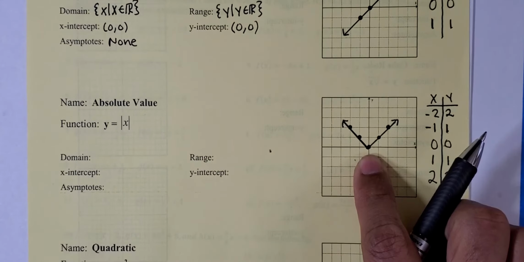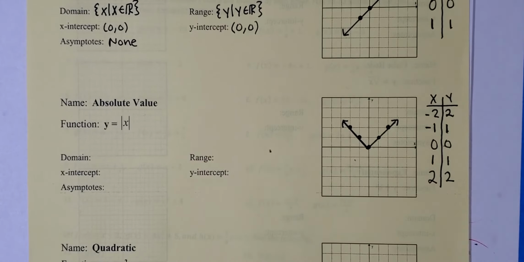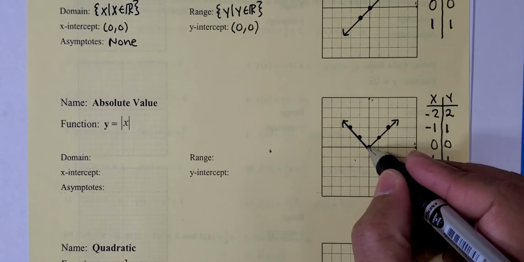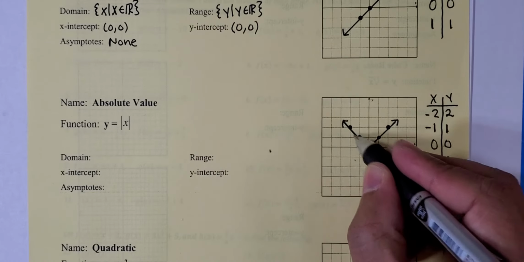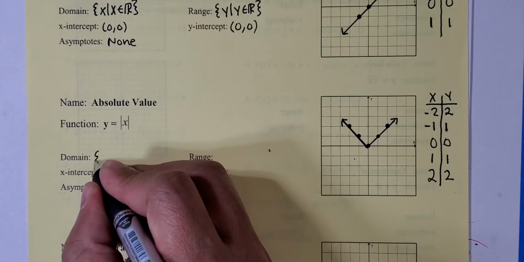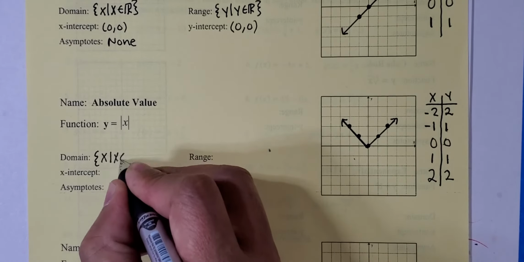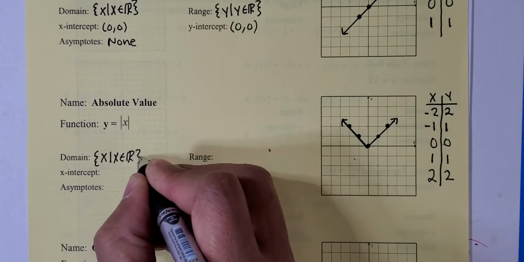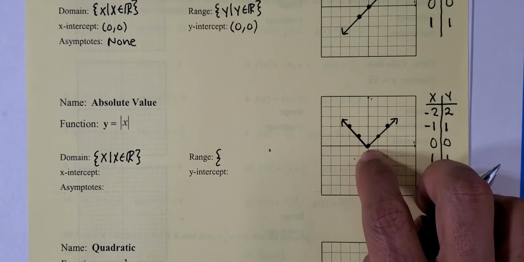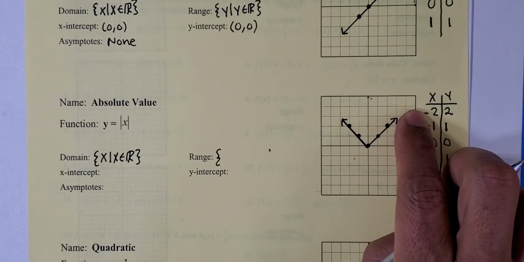Now that we see the graph, let's go ahead and discuss the domain and the range of this graph. So the domain, as you can see, this is not going to stop going left, and it's not going to stop going right. So the domain is x such that x is all the real numbers you can think of. The range, however, notice that this graph gets to 0 and then goes back up.